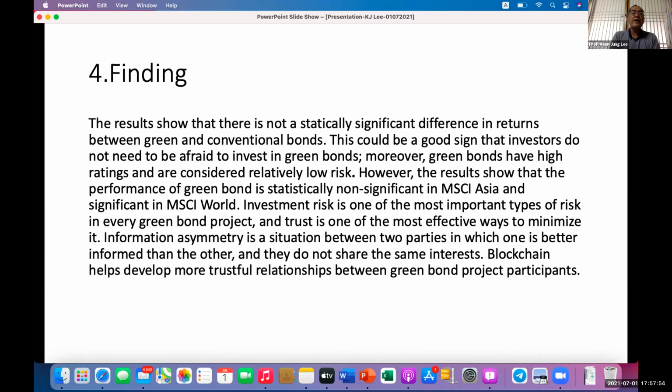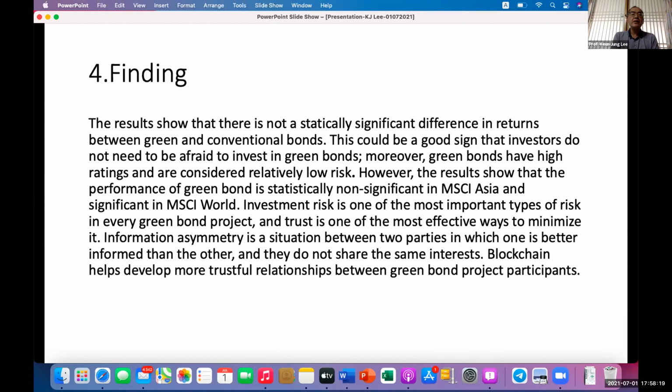Okay, now the finding. The finding is also the same. The results show that there is no statistically significant difference. But especially the Asian market is not much significant in comparing the return of the conventional and green bond.